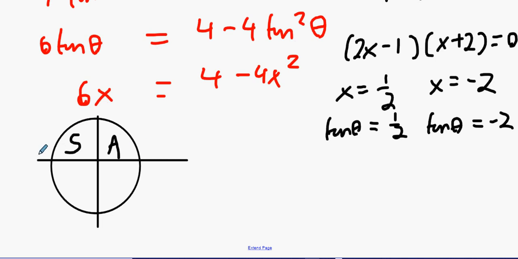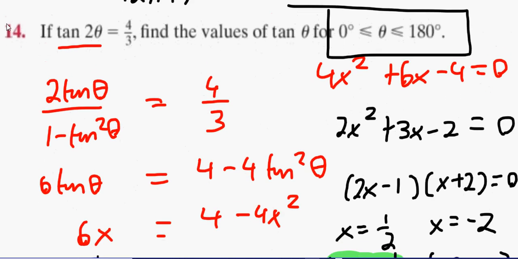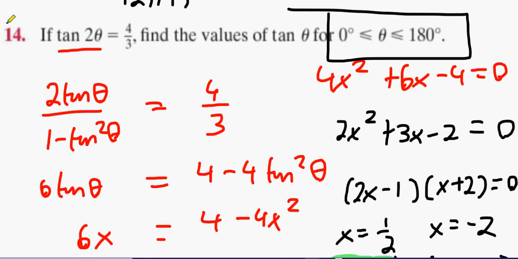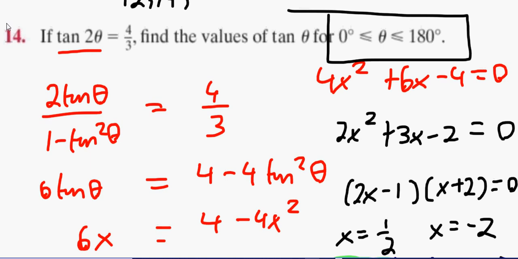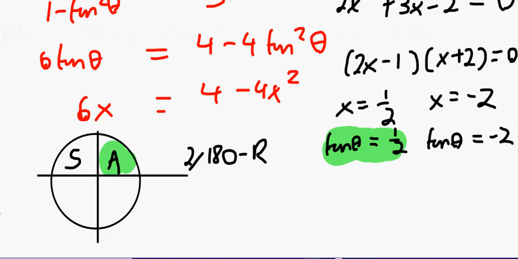What's the rule for quadrant 2? 180 minus R. Alright, which one is tan positive in, lads? So just inverse it. What's tan inverse? Oh, sorry, we have the answer, don't we? My fault. It doesn't want me to work out the angle. It just actually wants the values of tan theta, doesn't it? So I've actually already done the question, haven't I? Sorry, question's already done. My fault. I thought I wanted the angles.